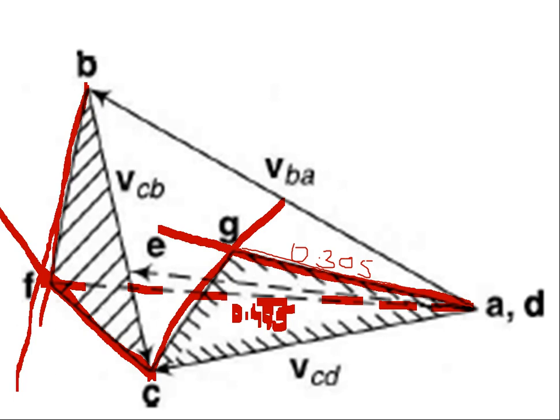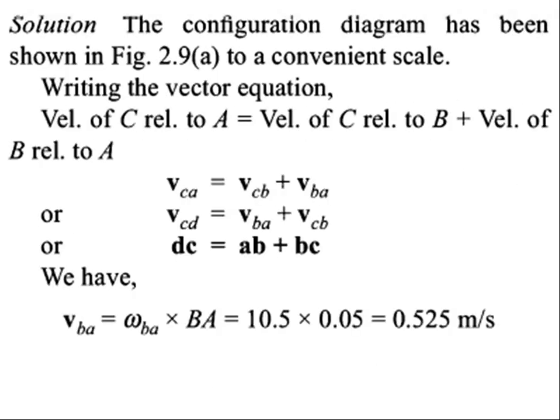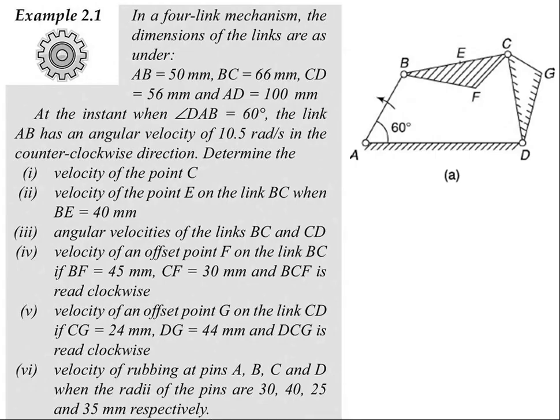Sir, why did you take A and D as one point only, sir? Because it is fixed. You can see here, what is this question? A and D are fixed. What do you mean when the link is fixed? The velocity will be 0. Right? If you are fixing any link, automatically there is no velocity.